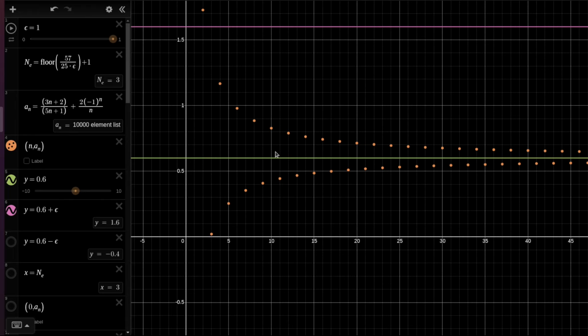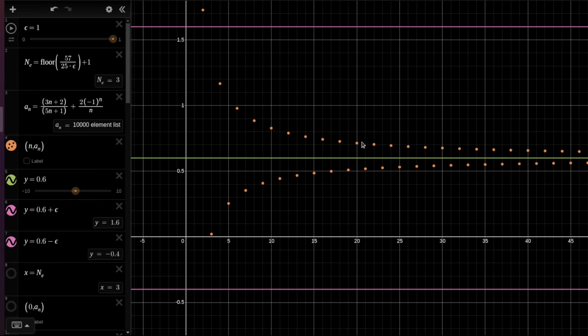The elements of the sequence are smaller than the limit plus epsilon and greater than the limit minus epsilon. It means that all the elements of the sequence lie between those two lines. And if this is the limit, then for every epsilon, as small as we please, this system of two inequalities is solvable.